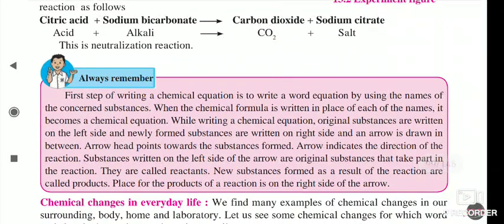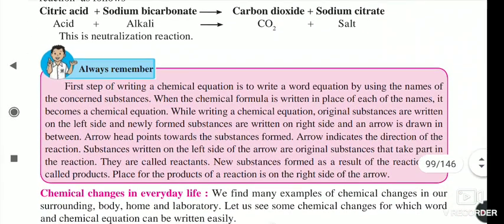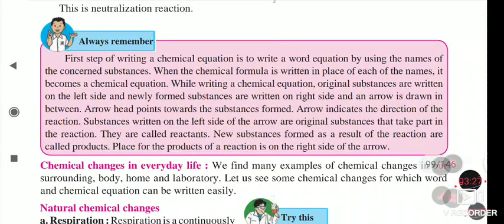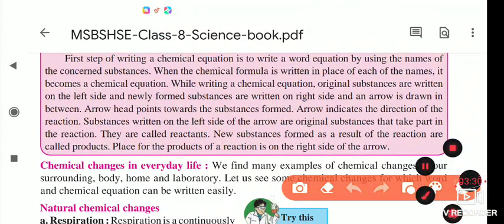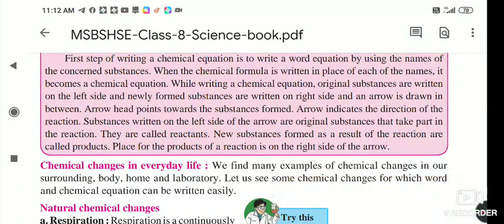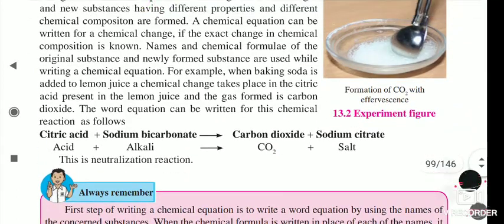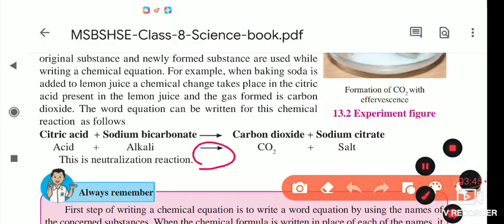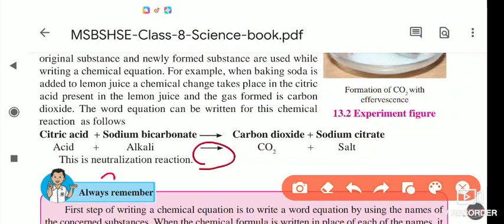Now when chemical formulas are written in place of each name, it becomes a chemical equation. While writing a chemical equation, original substances are written on the left side and newly formed substances are written on the right side, and an arrow is drawn in between. If you see here, this is the arrow; on its left side are the reactants, meaning the substances taking part in the chemical reaction, as I told you before.